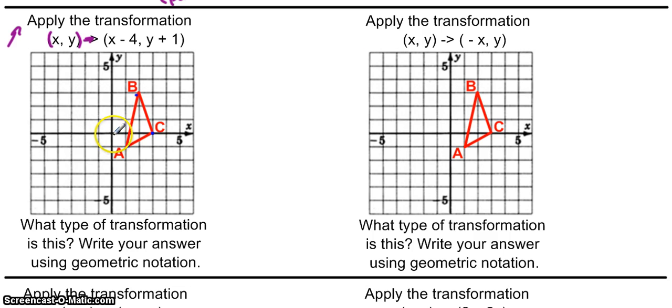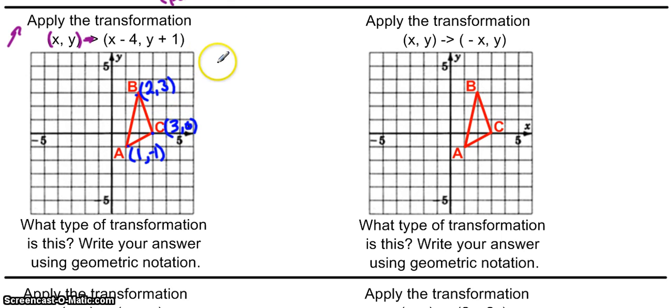A is at, let's see, 1 in the x direction, -1 in the y direction, so that'll be 1, -1. B, 1, 2 in the x direction, 1, 2, 3 for y, so that's going to be 2, 3. And C, 1, 2, 3 in the x direction, and it's right in the x-axis, so no moving up or down. That'll be at 3, 0.